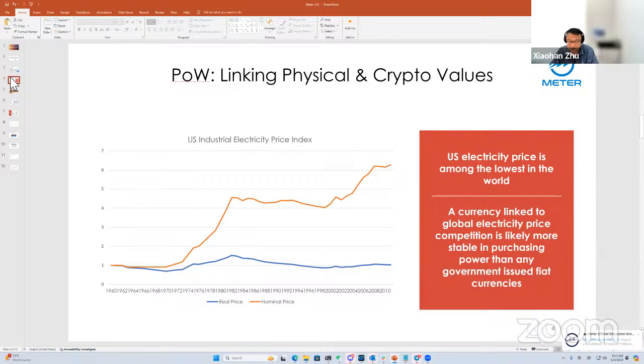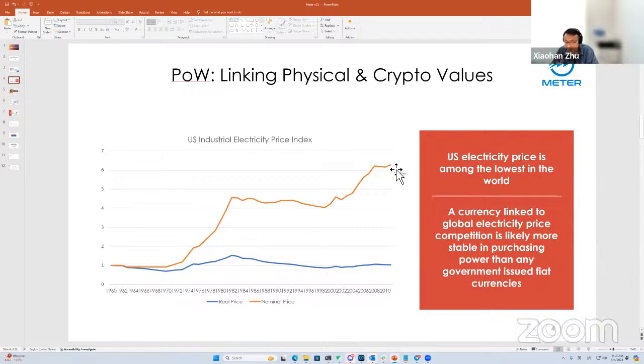So this chart basically shows the U.S. electricity price. The brown one is measured by U.S. dollar, and the blue one is adjusted for inflation. So you can see from the 1960s till even recent years, the electricity price essentially stayed the same. If you measure by US dollar, it went up by about 6.5 times.